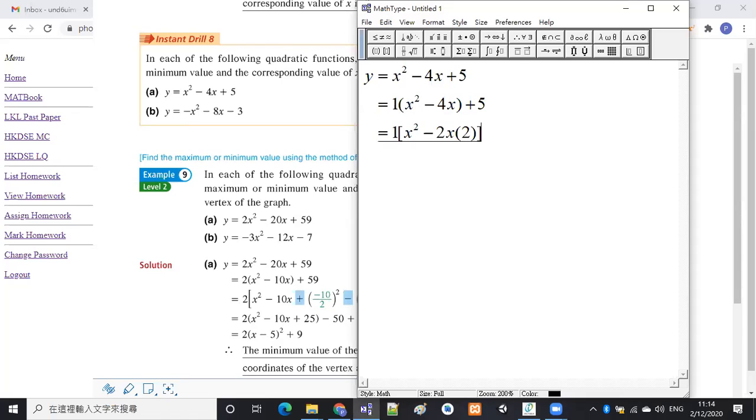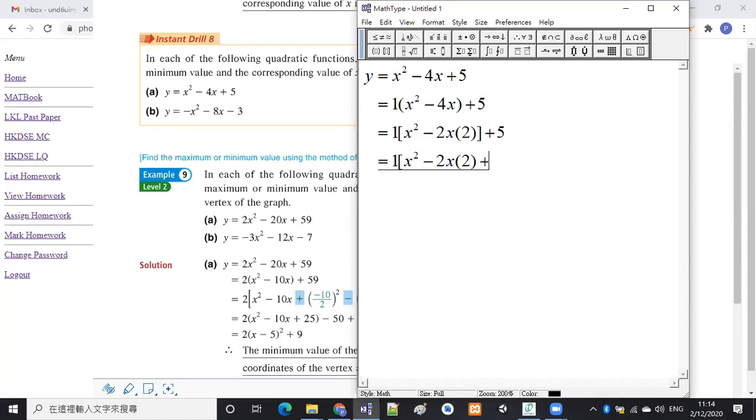And then close the bracket, and then plus 5.